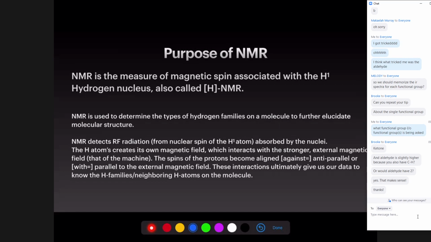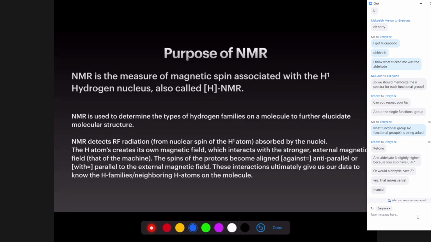NMR is used to determine the types of hydrogen families on a molecule to further elucidate molecular structure. NMR detects RF radiation from nuclear spin of the hydrogen atom absorbed by the nuclei. The hydrogen atom creates its own magnetic field, which interacts with a stronger external magnetic field, which is that of the machine.